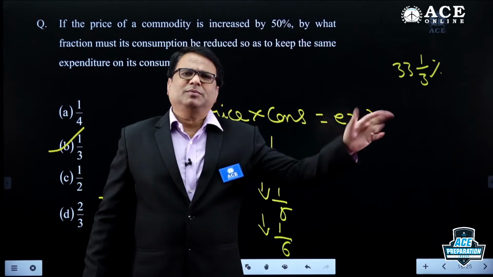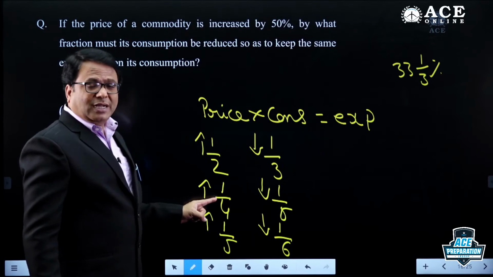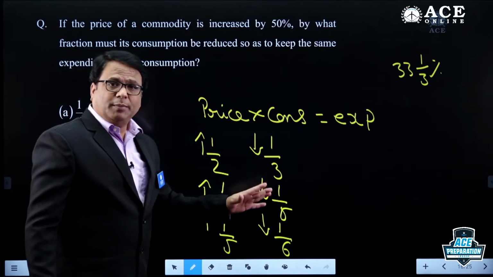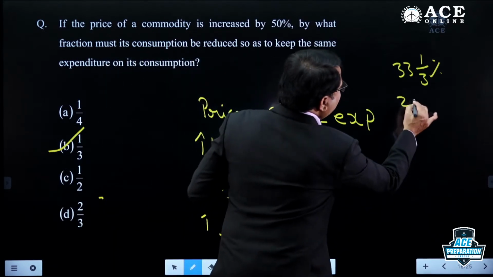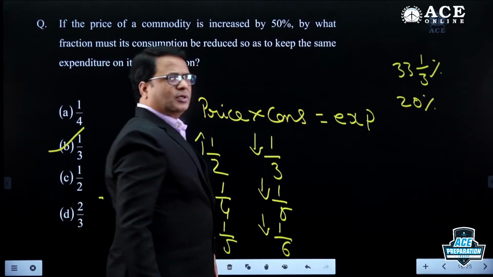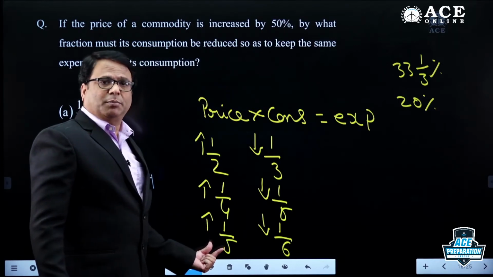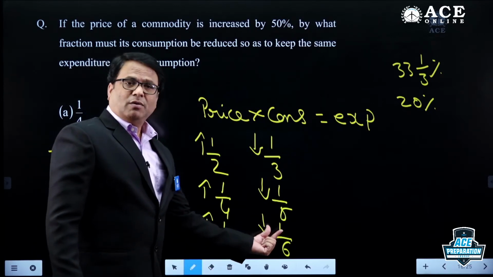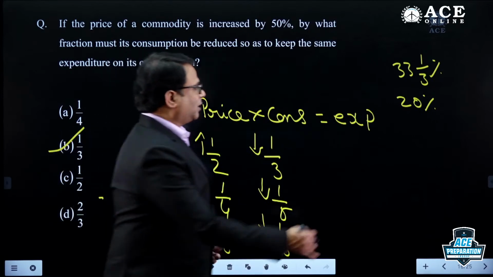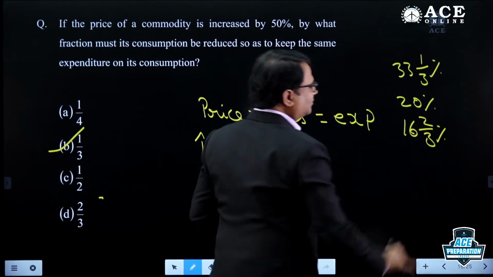Suppose the price is increased by 25%, then consumption should be decreased by 20%, because 1/5 is nothing but 20%. If the price is increased by 20%, then the consumption should be reduced by 1/6. 1/6 is nothing but 16 2/3%. Then we can take the answer as 16 2/3%.